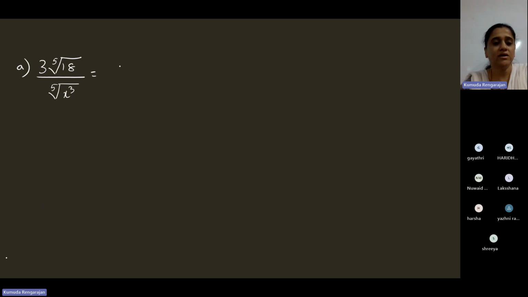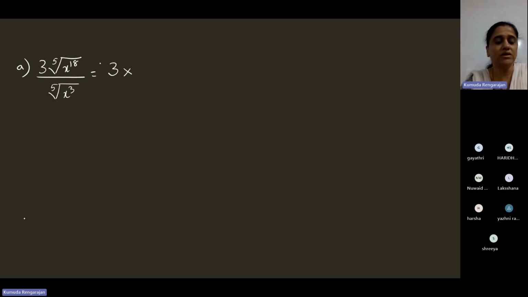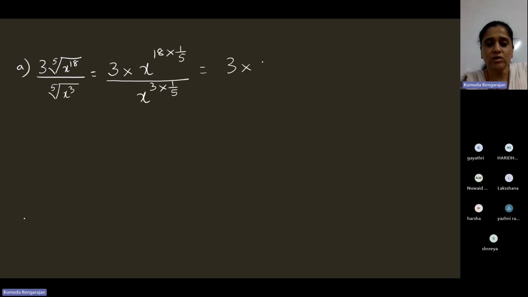We'll simplify this. So it'll be 3 into x to the power 18. Sorry, I made a mistake in writing here. It's x to the power 18. So it'll be 3 into x to the power 18 into 1 by 5, divided by x to the power 3 into 1 by 5. So this is 3 into x to the power 18 by 5 divided by x to the power 3 by 5.